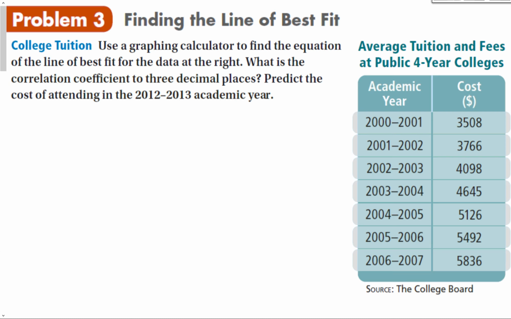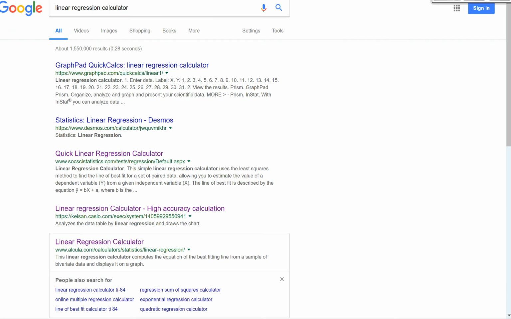Okay, so we're going to use a graphing calculator to find the equation of the line of best fit for the data on the right. And what is the correlation coefficient? So we're going to need some sort of utility, some sort of graphing calculator. We can just flip over to Google and search for a linear regression calculator.